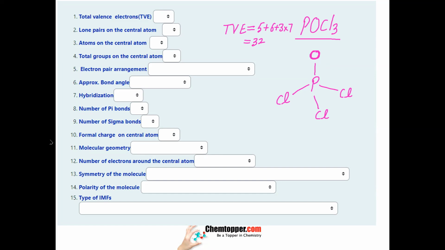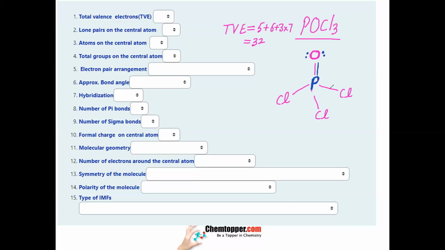Complete the octet of the oxygen. So just think about P. P can make maximum how many bonds? Yes. So do you think oxygen is happy to make a double bond here? Yes, it is. Yeah. Now, two lone pairs on the oxygen.